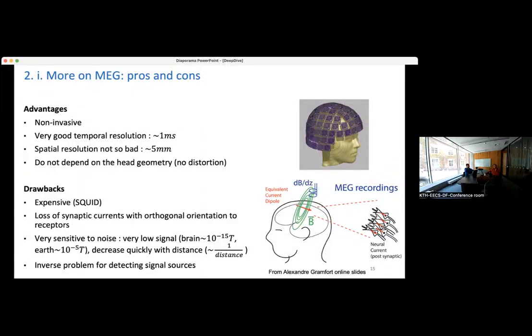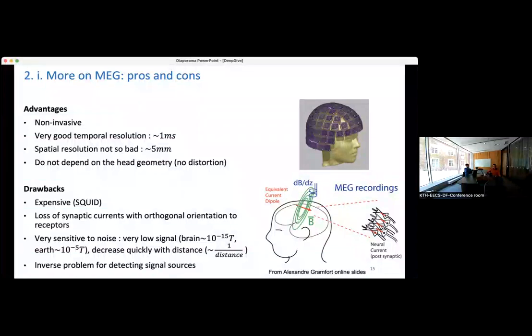You lose some information because you can only measure the magnetic field in one direction. It's also very sensitive to noise because the magnetic field that you measure is very, very small. I gave an example here of the order of femtotesla, so 10 to the power minus 15, and you measure at the same time the magnetic field of the Earth, which is 10 to the power minus 5 Tesla.